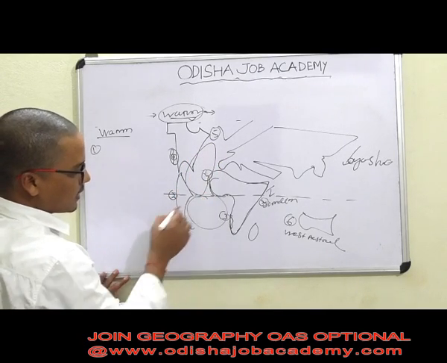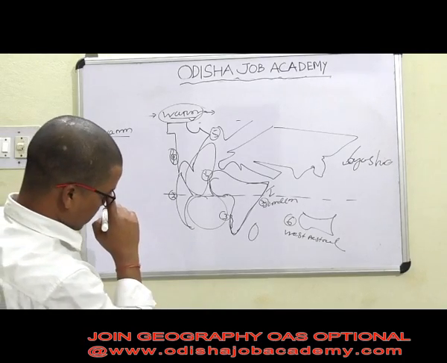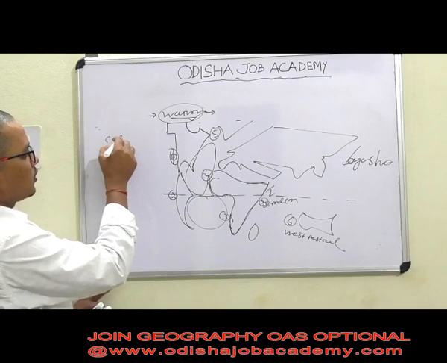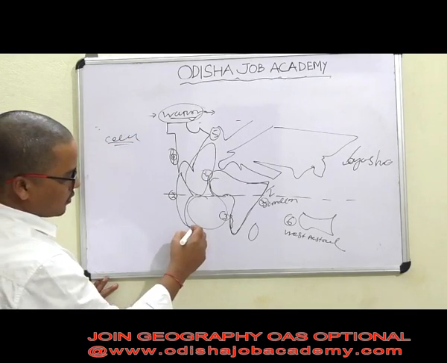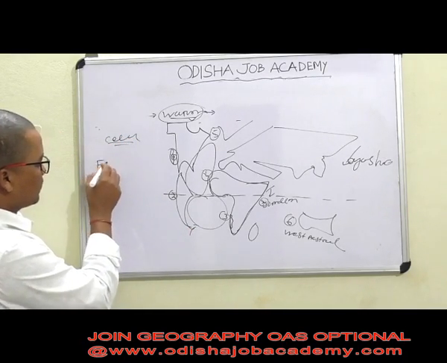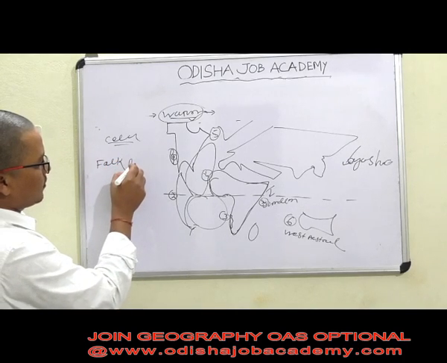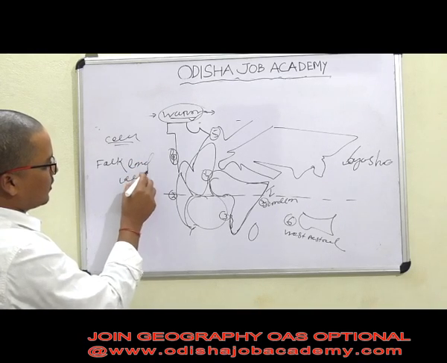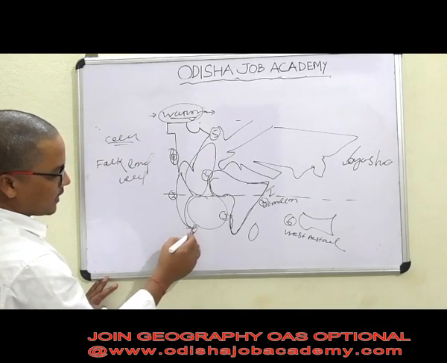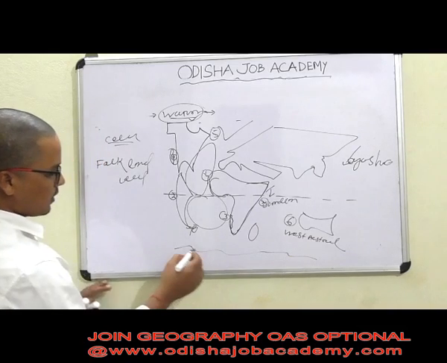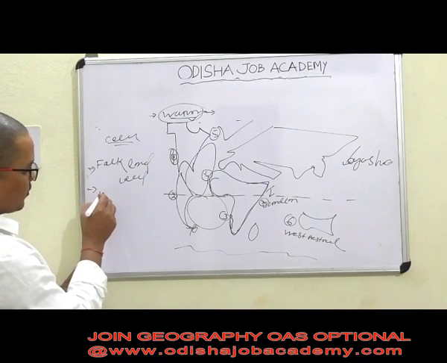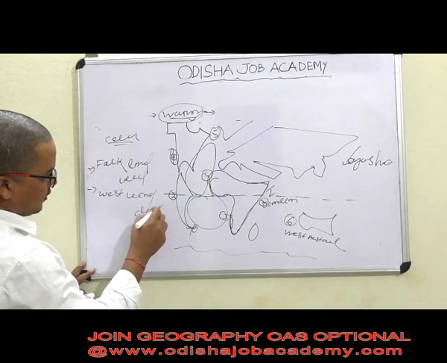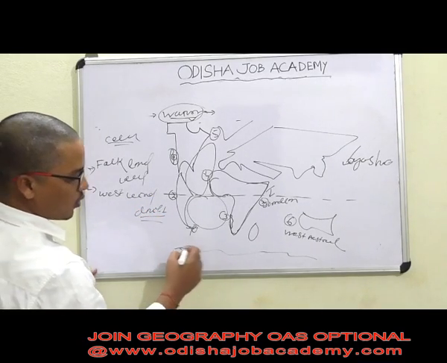Okay, I forgot one more cold current here, the Falkland. The Falkland cold current, near the small Falkland Islands, and the West Wind Drift. The West Wind Drift is also a cold current.